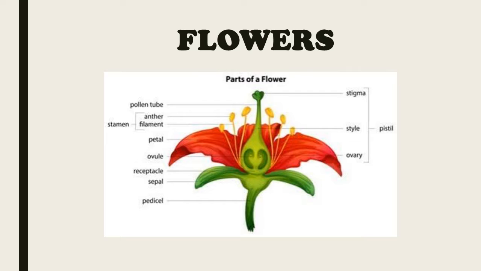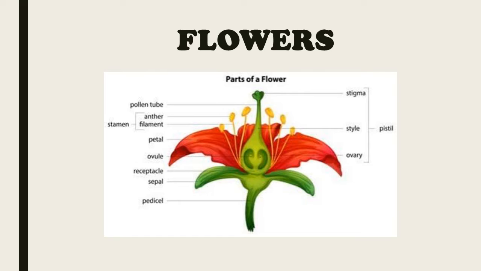The different parts of a flower are sepals, petals, stamens, pistils, stigma, style, ovary, and ovules.